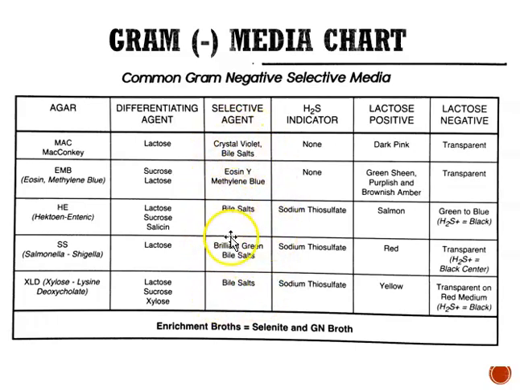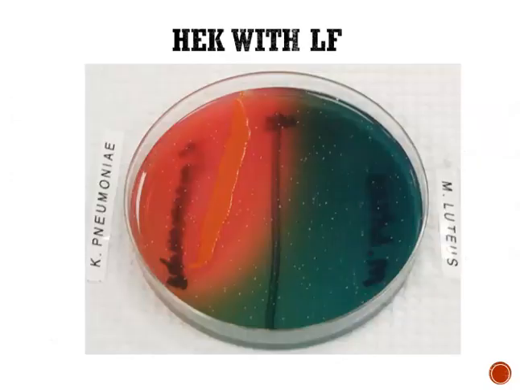So this is what has been added to the media that allows only certain organisms or types of organisms to grow, those that have the hydrogen sulfide indicator in them, and then what the different colors organisms will appear as based on whether or not they've utilized the lactose.